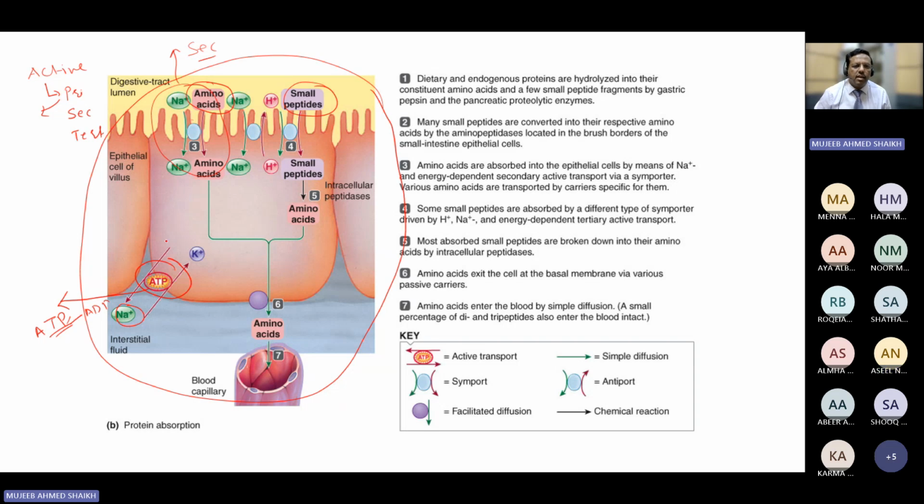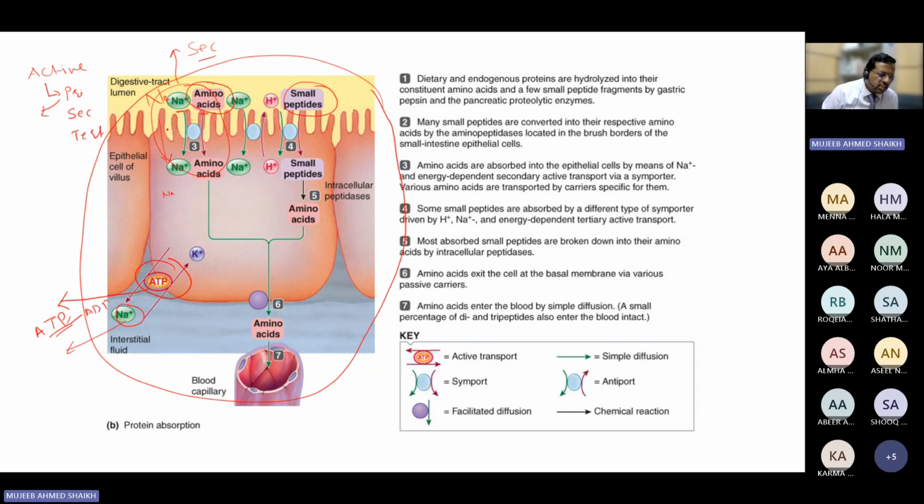It is using the effect of the pump's reaction. Sodium is moved out, so there is less sodium inside and more sodium outside. This makes sodium move inside very easily. This sodium amino acid transporter functions only when sodium combines with amino acid, and then both move in. If only one is there, it will not function. This is secondary active transport.